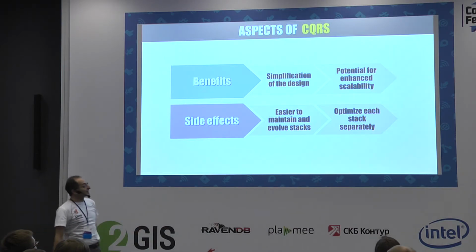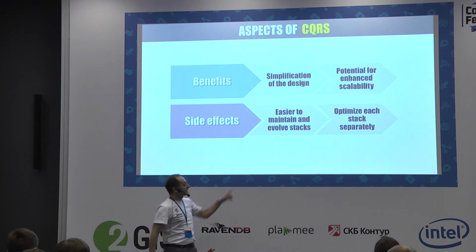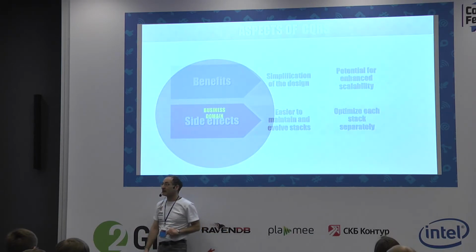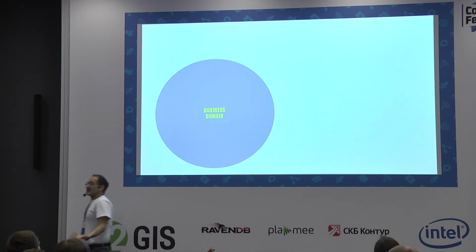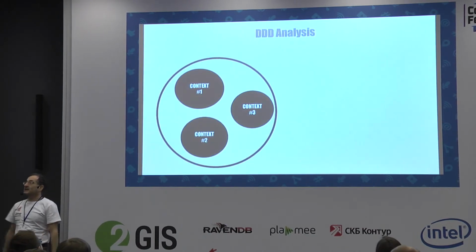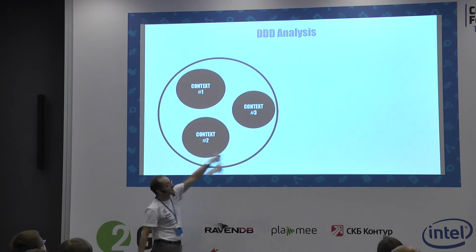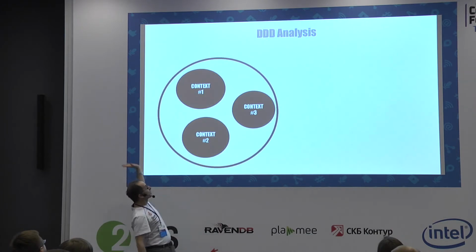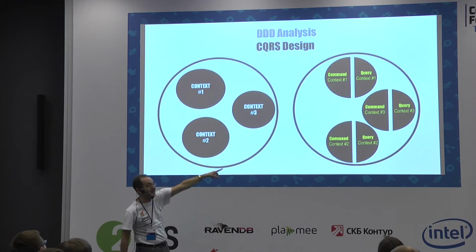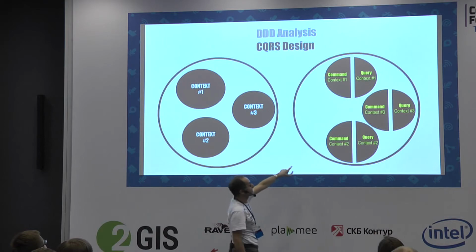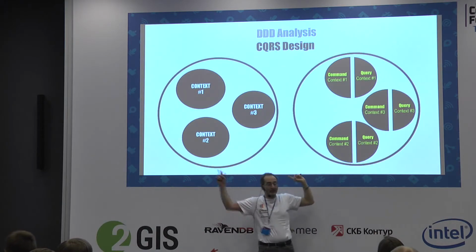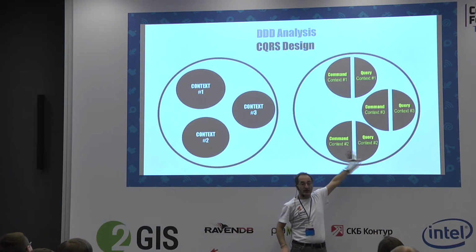Stacks are easier to maintain and evolve and can be optimized separately. The business domain is unique. After the DDD analysis, we have split the otherwise unique business domain into multiple bounded contexts, and after the CQRS design, we have split each of the bounded contexts into two parts, commands and queries.